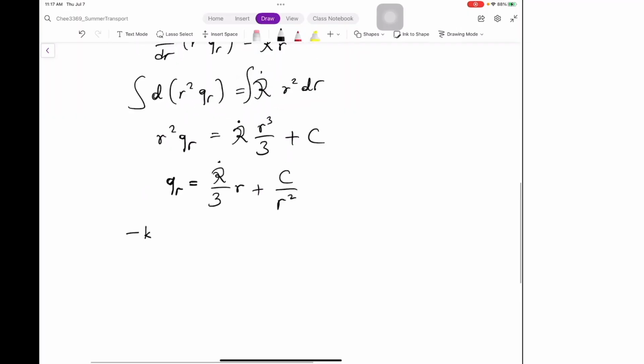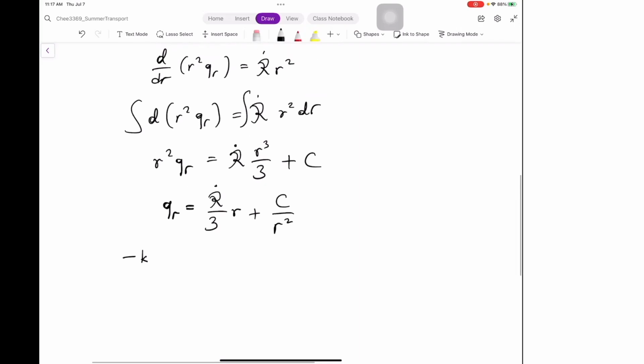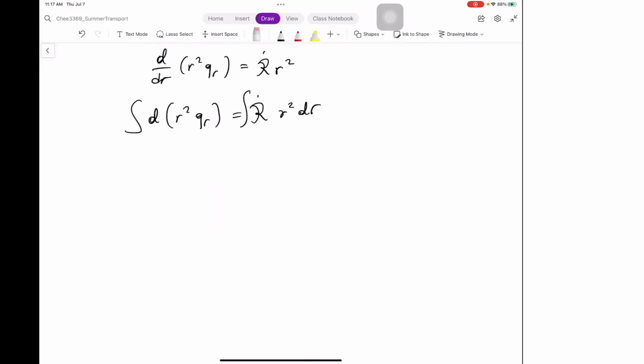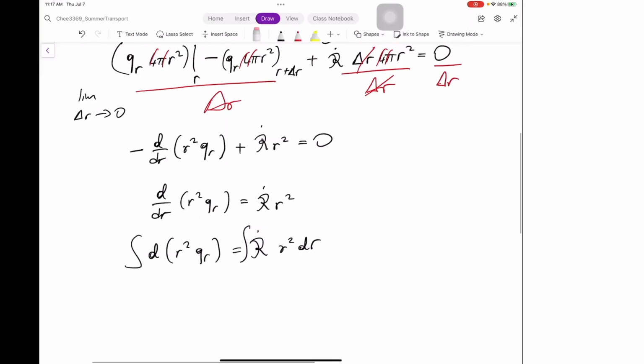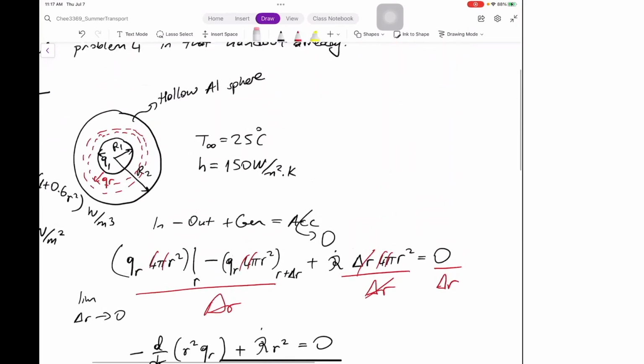I made a mistake here. R dot is given and it's not constant, and nobody's telling me that. Okay, what is R dot? Let's see.